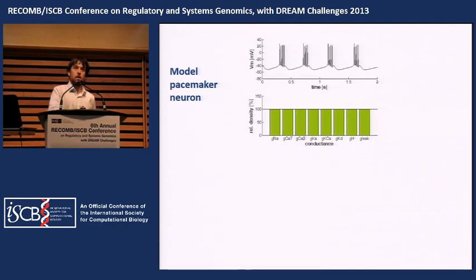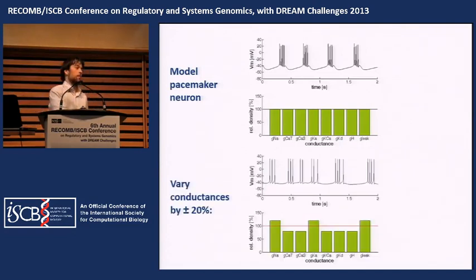But let's talk about some computational models of neuron function. Here, this is showing the output of a model. It's creating a set of bursts of action potentials, or electrical discharges. And these bars represent the parameters that produce this model output.